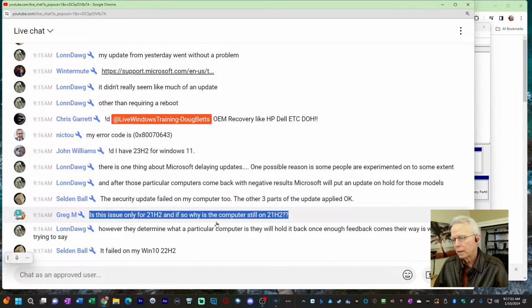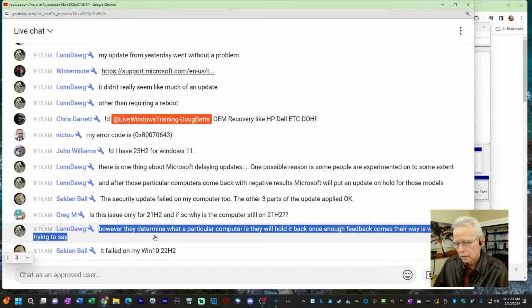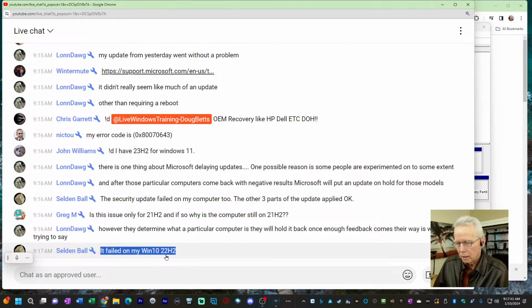And if so, why is the computer still on 21H2? So that would perhaps be a reason why they didn't catch it. Is 21H2 even still in support? However they determine what a particular computer is, they will hold it back once enough feedback comes their way. It failed on Selden Ball's Windows 10 22H2.